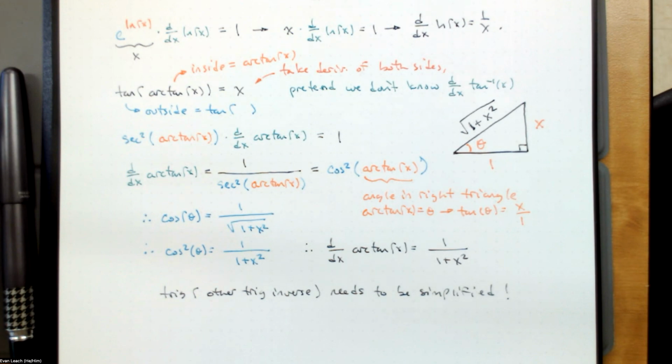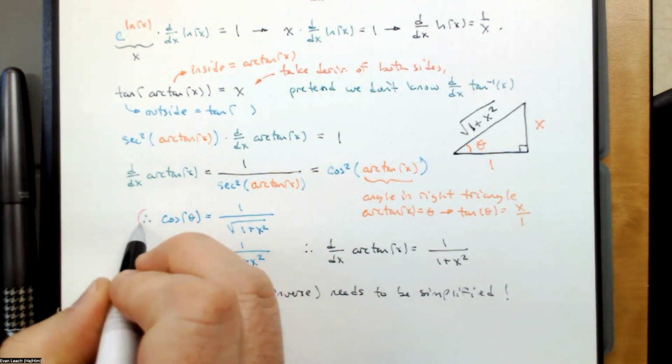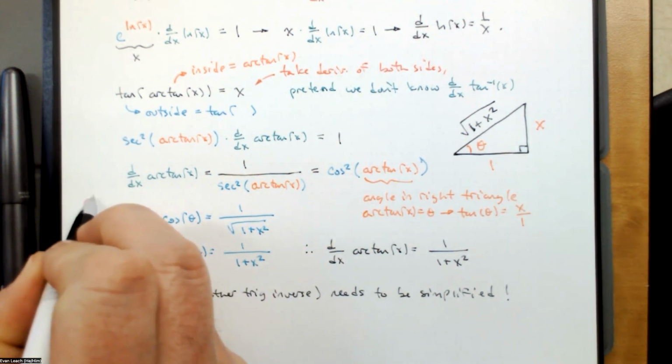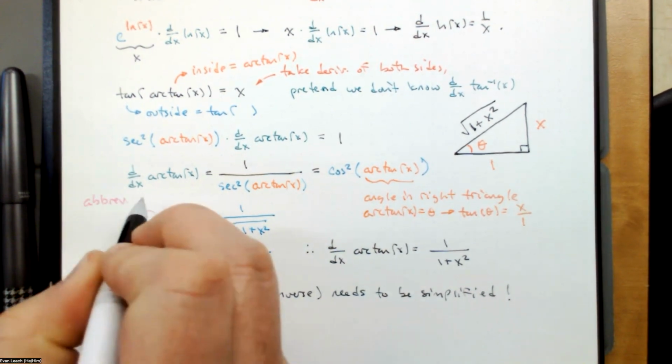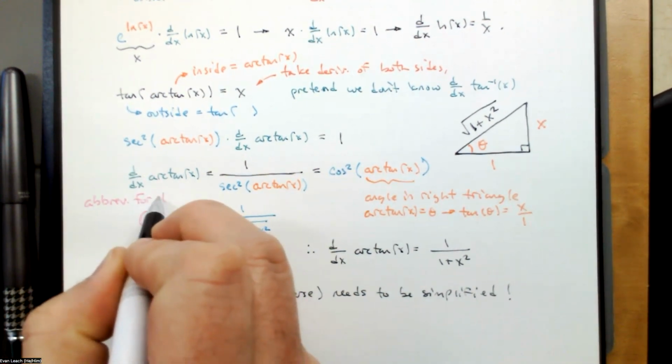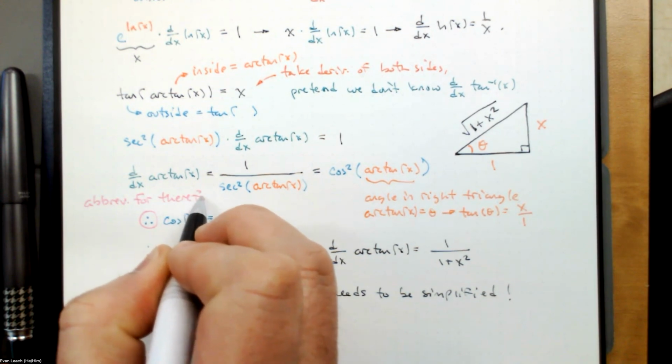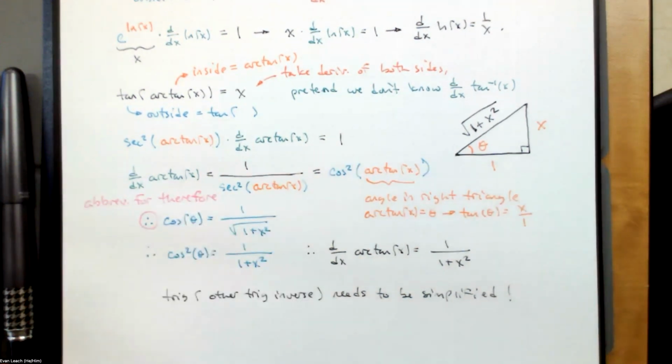Oh, that's therefore. So the three dots like this is an abbreviation for therefore. Everybody okay?